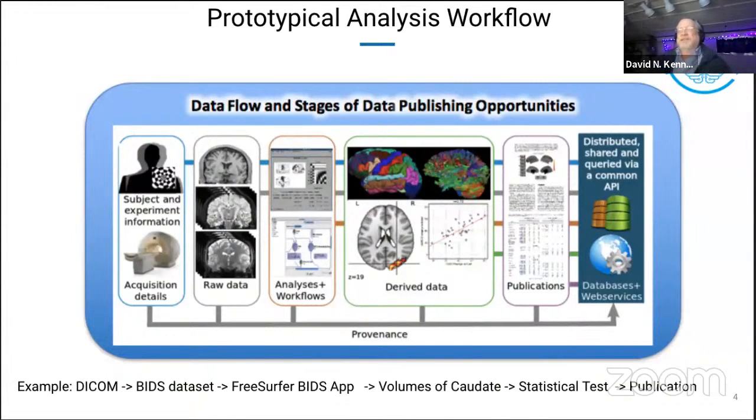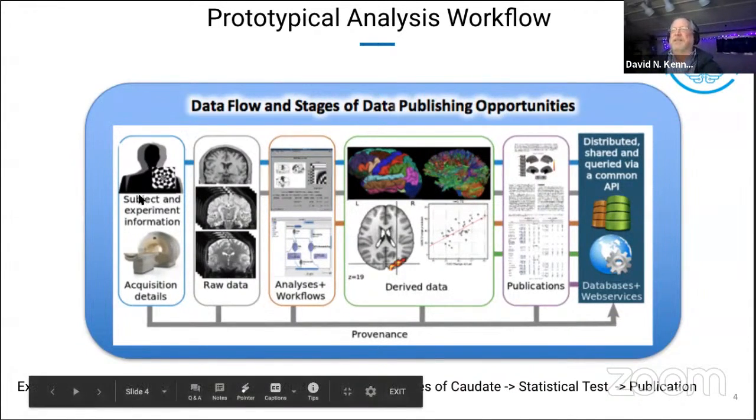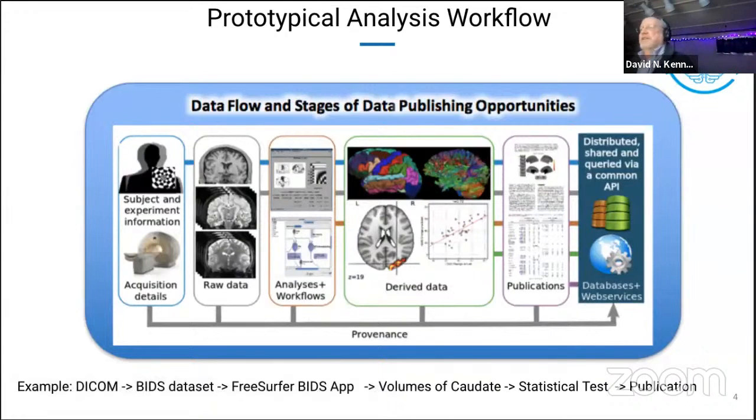So again, while I'm using sort of a prototypical analysis from the neuroimaging domain, hopefully you in radio listening land can warp this into the appropriate stages of your own type of work. But clearly we start with some sort of data acquisition and activities and experiments on subjects, imaging, things like that.